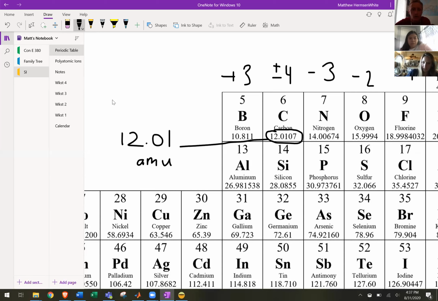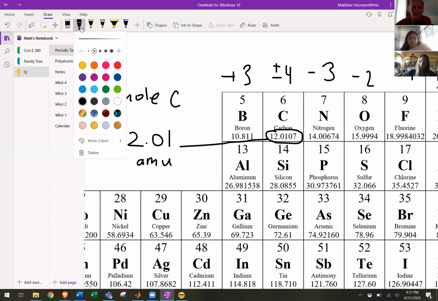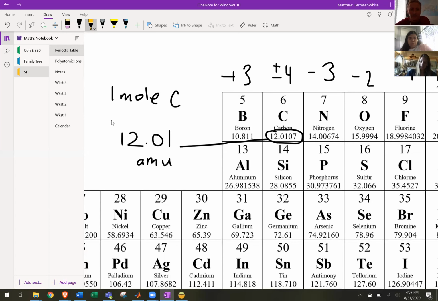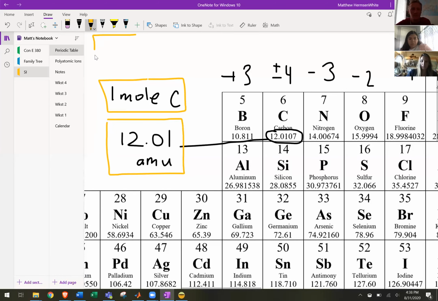So if we had 1 mole of carbon, how many grams would that be? Does anyone know, if we had 1 mole of carbon, how many grams of carbon that would be? So this would be 12.01 grams of carbon.